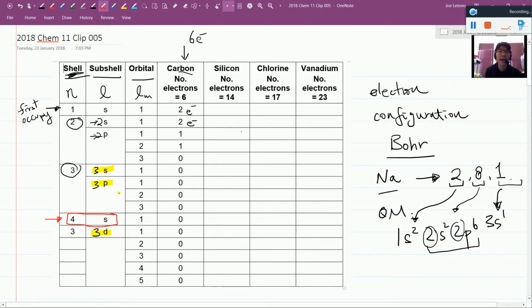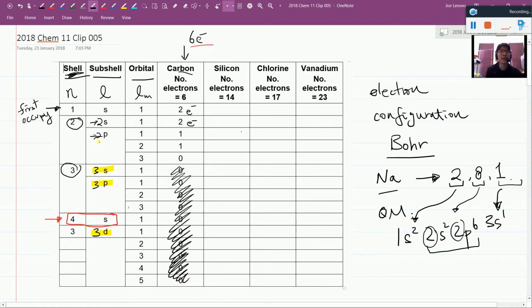So if we have enough electrons, we should fill 4s before 3d. But that only applies when you go beyond 18 electrons. We only have 6 electrons this time, so we don't really need to worry about it. The n equals 3 subshells for this one are all 0, because we don't end up with them.